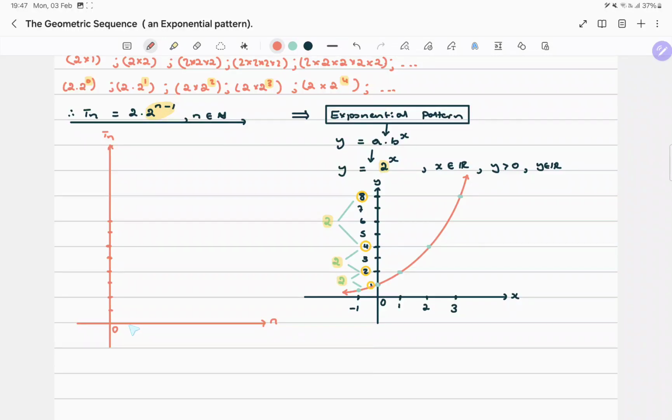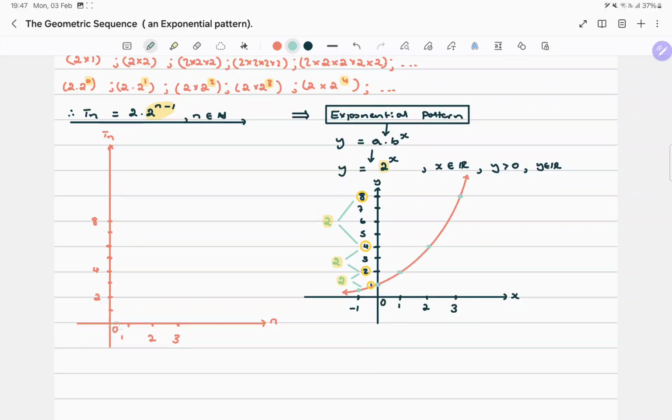Okay. So I've got 1, 2, 3. Remember, n is an element of natural numbers, so we're not going to go into the negative axis. So this is 2, 4, 8. Okay. Now, let's plot.